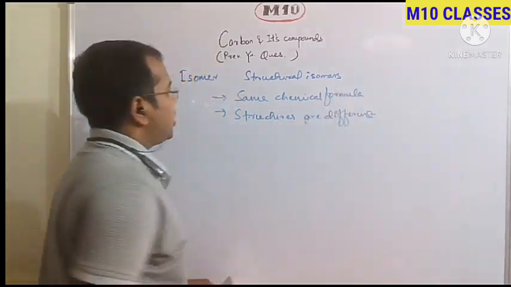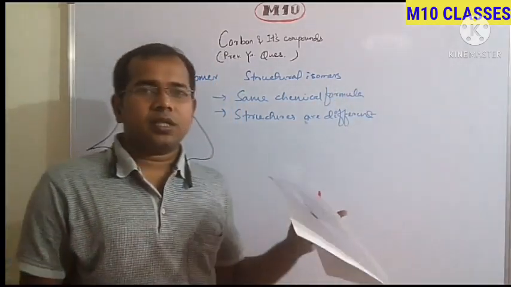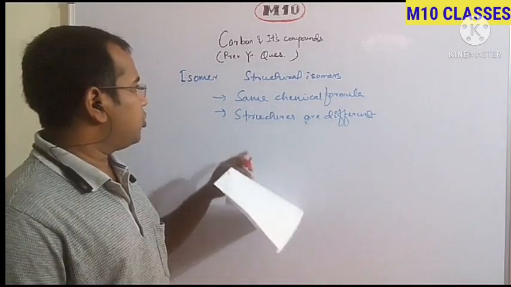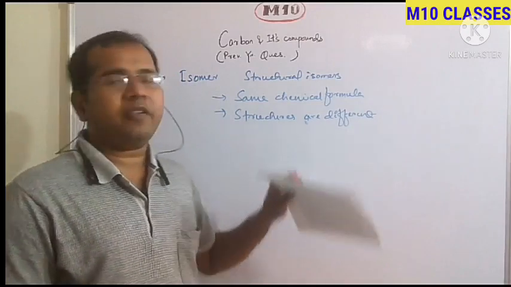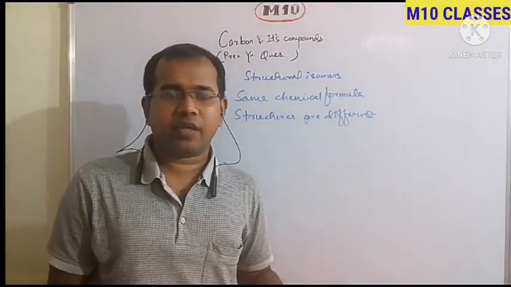So what would be your answer? Isomers of the carbon compounds are those compounds which have the same chemical formula, but different structures. These are called isomers or structural isomers.